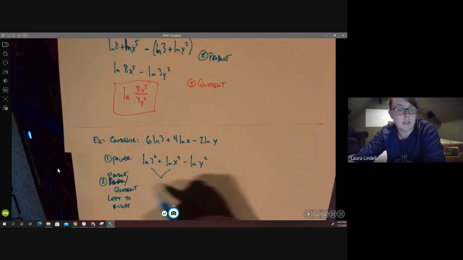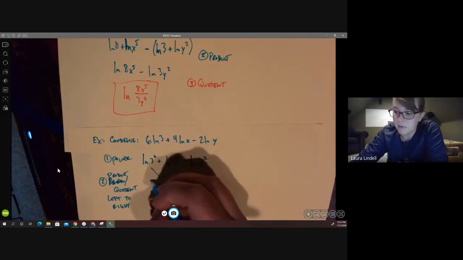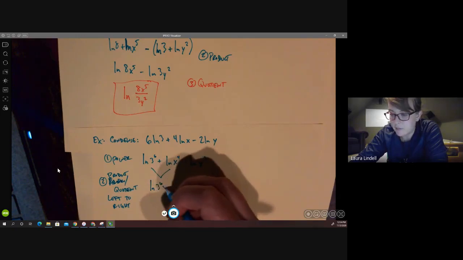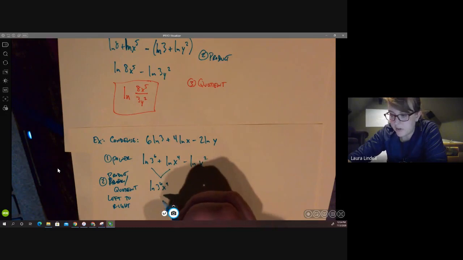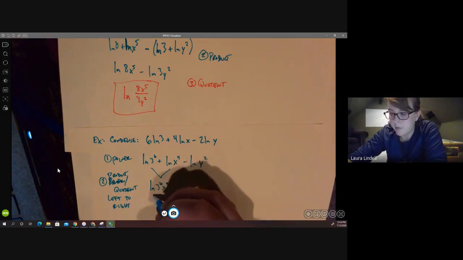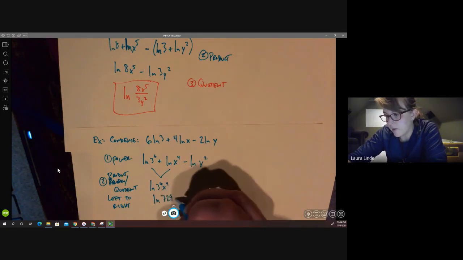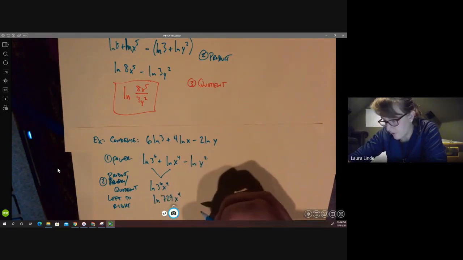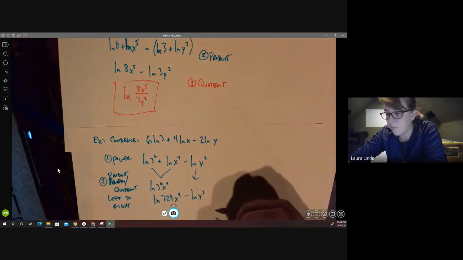Product or quotients left to right. So combining these with addition means we're going to be multiplying. So natural log of 3 to the 6th times x to the 4th. 3 to the 6th is also known as 729, so I'm going to actually substitute that there. 3 to the 6th power is 729, x to the 4th. And then we still have this minus natural log of y squared.